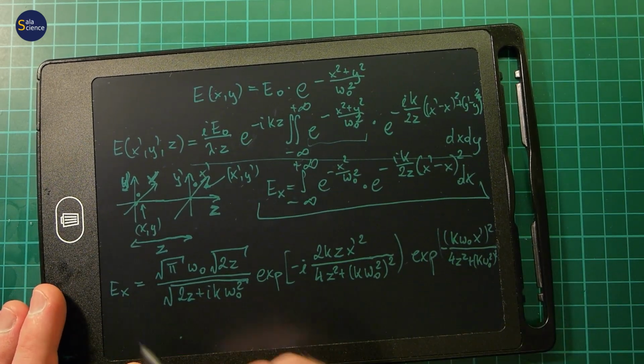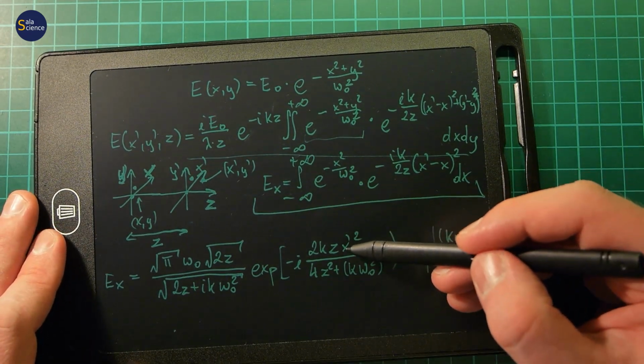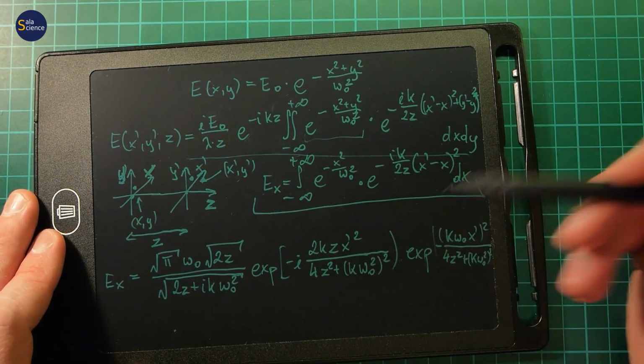The solution for Ey is the same, except that instead of x prime we have y prime.